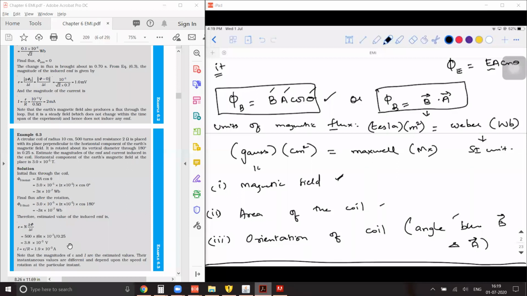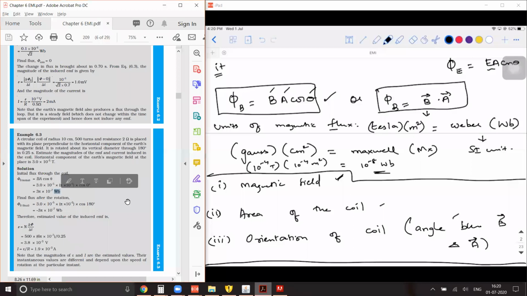So 1 Gauss is 10 power minus 4 Tesla, and 1 centimeter square is 10 power minus 4 meter square. So 1 Maxwell is equal to 10 power minus 8 Weber. Maxwell is generally not used, you use only Weber. That is why, if you observe in this problem, they have given it as Wb. I hope there is no doubt in this.